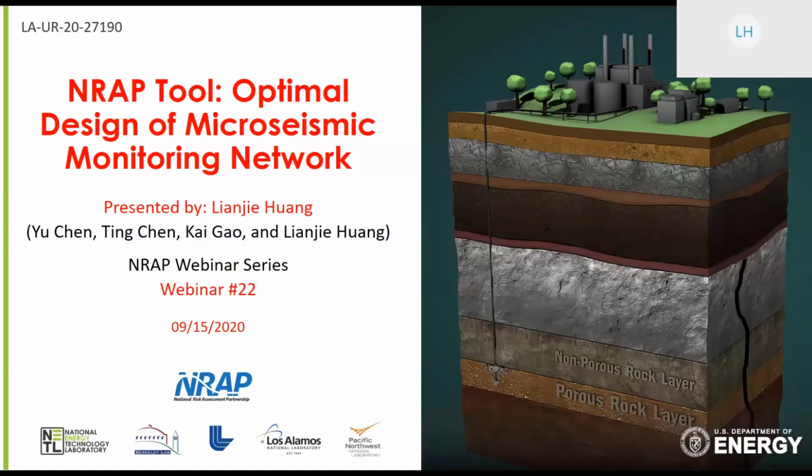Okay, thank you, Bob. So today I'm going to describe the NRAP tool we developed in recent years. This is for optimal design of the microseismic monitoring network. The work was done by a few people here in Los Alamos, Yu Chen, formerly Los Alamos and now in Solomoye, Ken Chen and Kai Gao, still in Los Alamos, and myself.